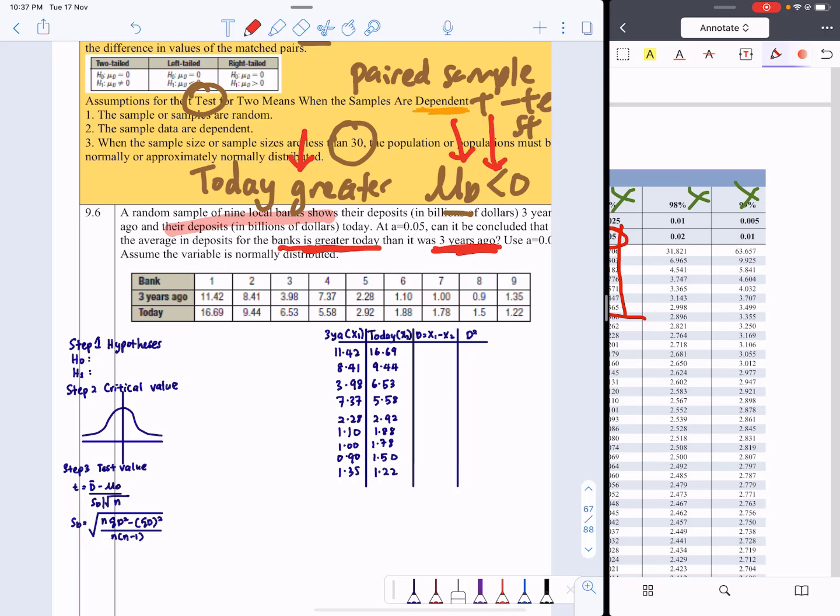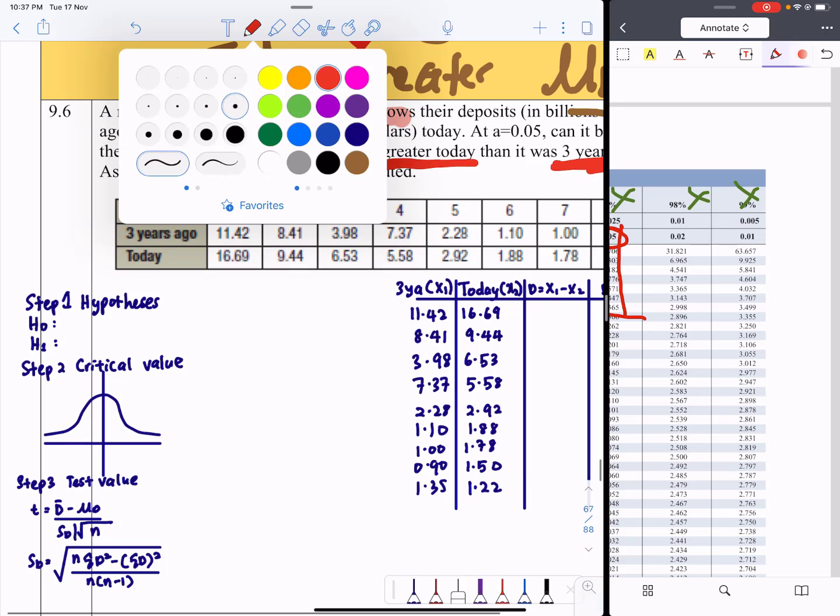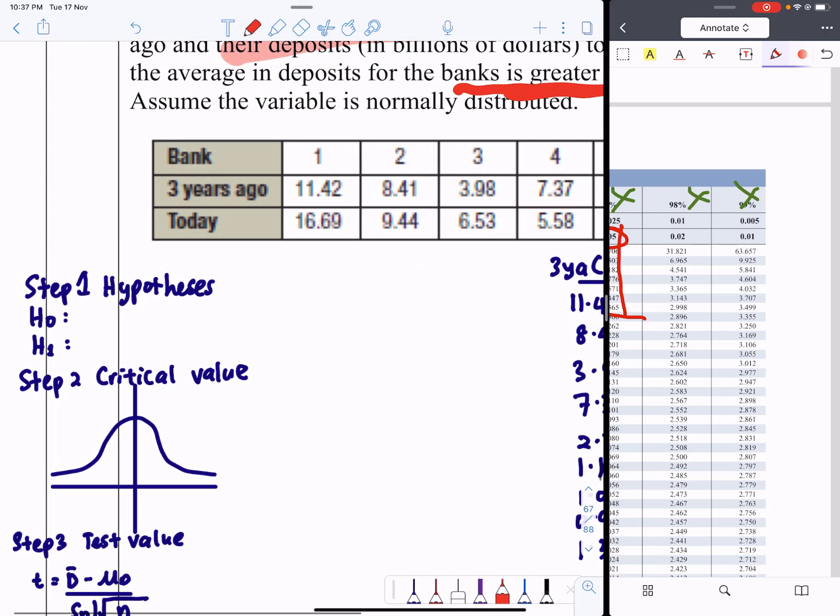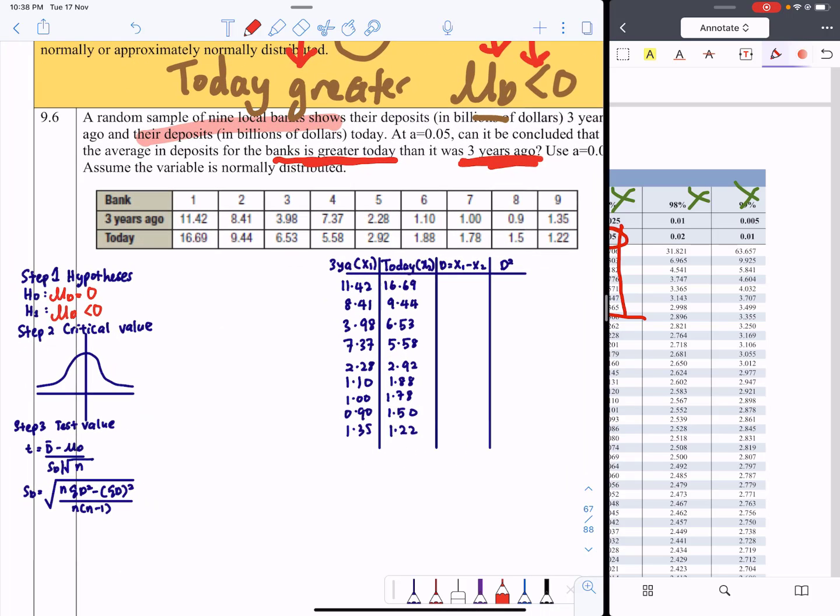So today is greater for this one. Then we need to make a statement about the hypothesis. For this one, we use mean D equals to 0. Then for the alternative hypothesis, less than 0. That's how you write the hypothesis.